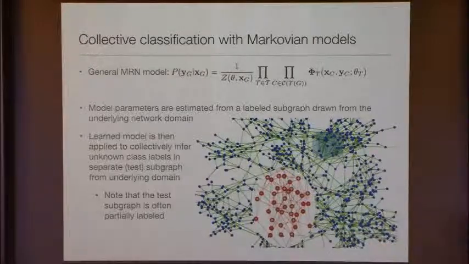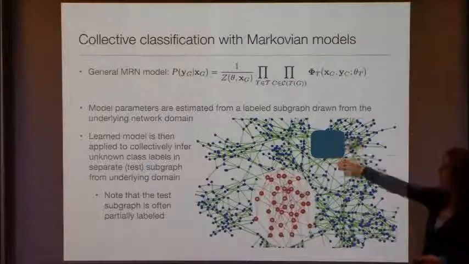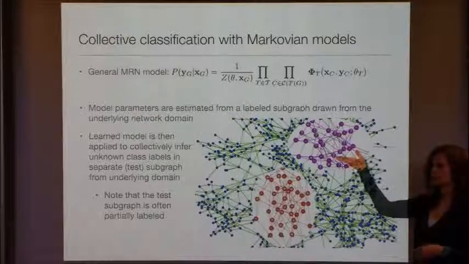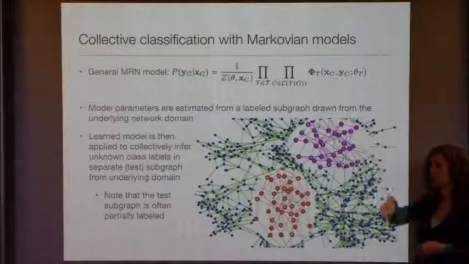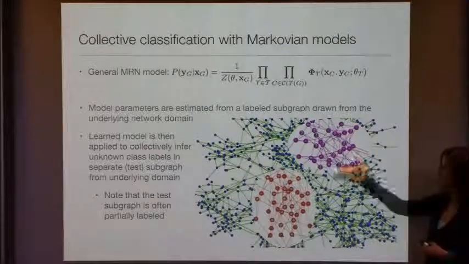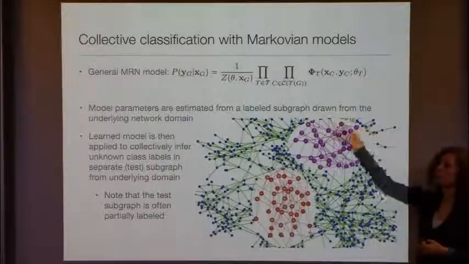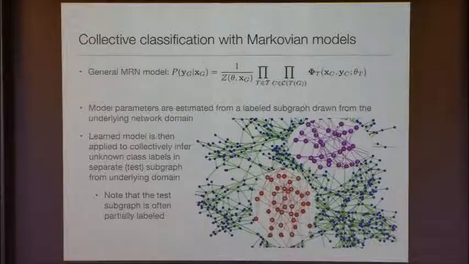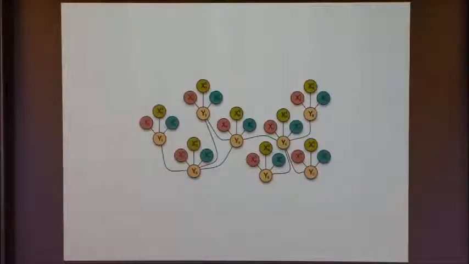And then generally we have some other part of the network where we want to apply that for prediction. When we apply it for prediction, generally we know some of the labels of the nodes in this network. So it's similar to the kind of setting that Art was talking about, where we have partial observations in this network, and we roll out that graphical model and we do joint inference given the parameters that we had learned.